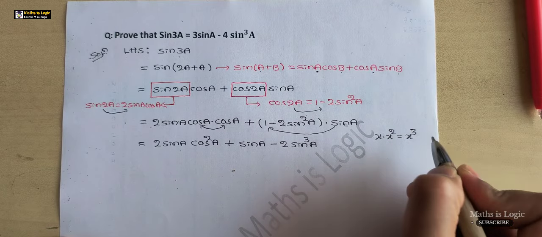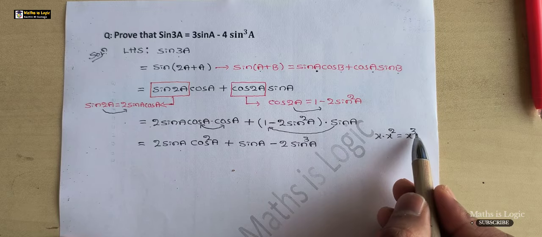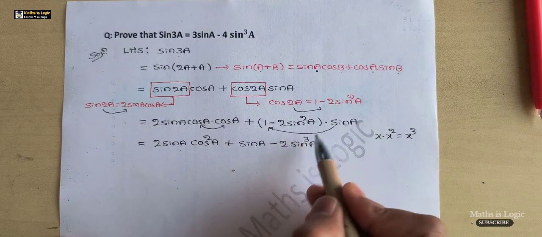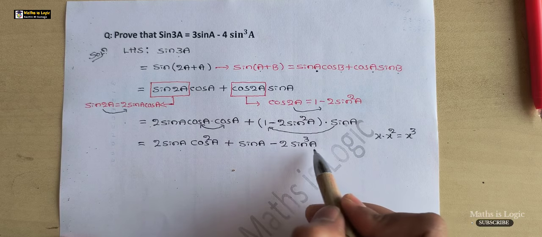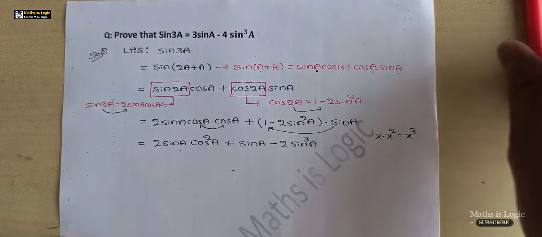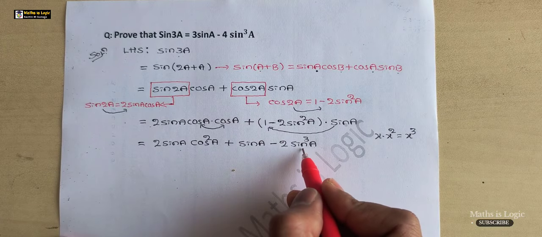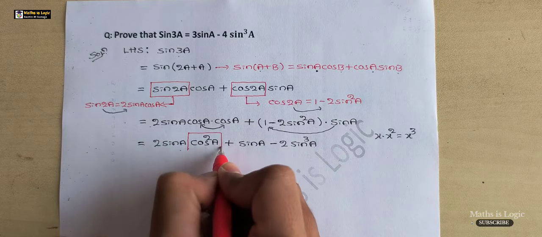because x into x square, what is the final answer? x cube. Bases are same, add the power, 1 plus 2 is 3. Like that, bases are same, if I add the power, 2 plus 1 is 3. So sine A into sine square A becomes sine cube A. Now here you can see, sine is present here, also here, also here, but here one cos is there, correct?